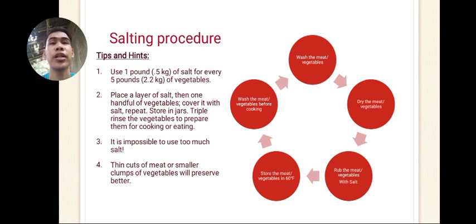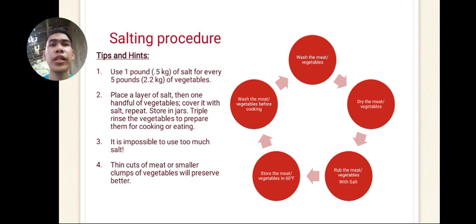After rubbing the salt, store the meat or the preserved product at 60 degrees Fahrenheit in a room. Before using those preserved meats, wash the meat before cooking to remove saltiness or to lessen the salt.